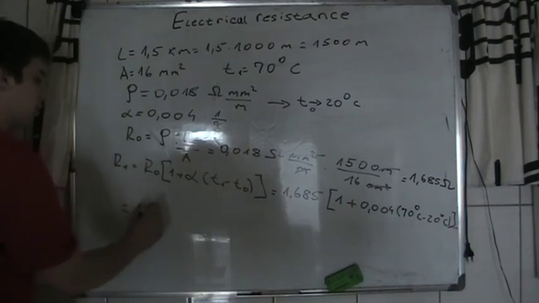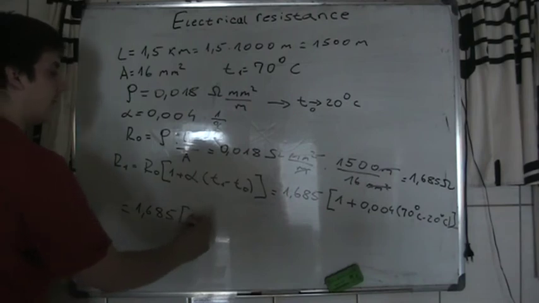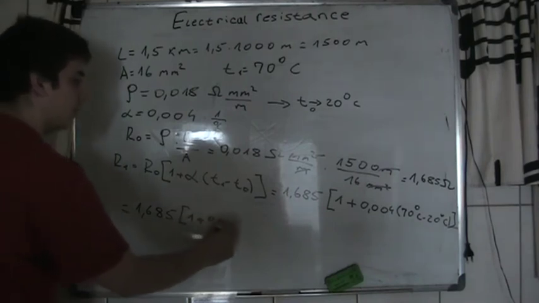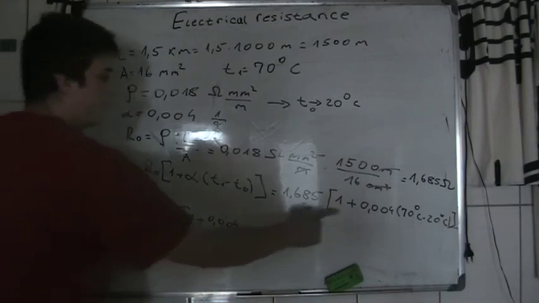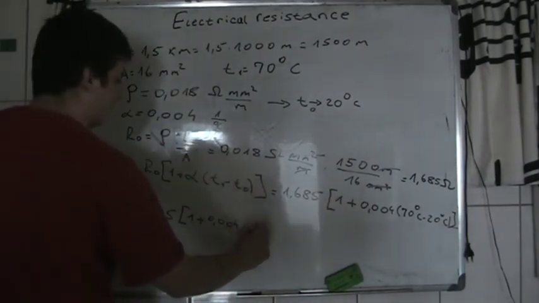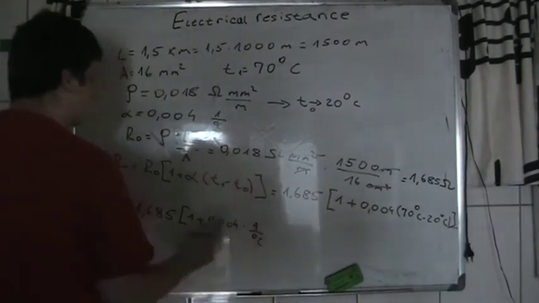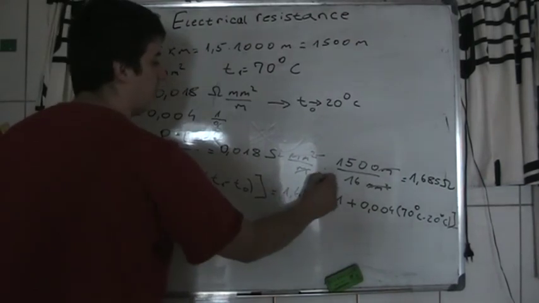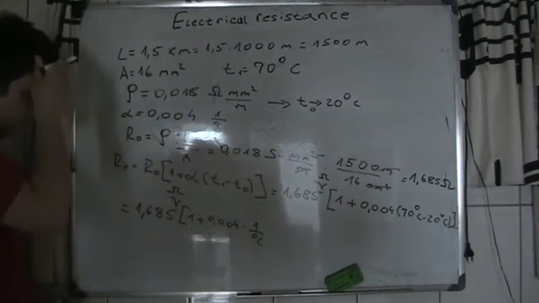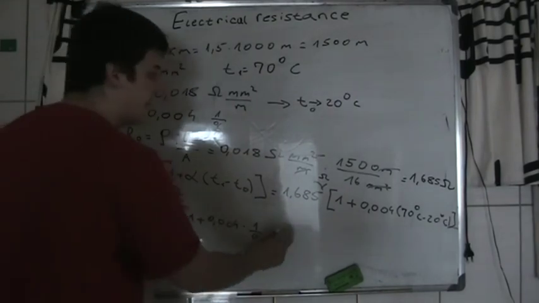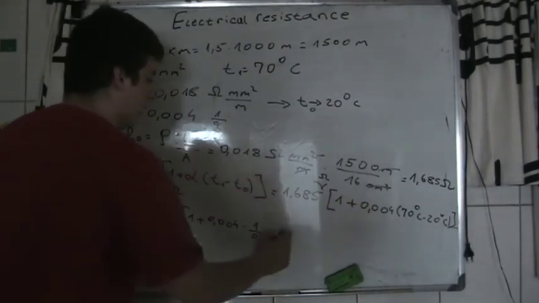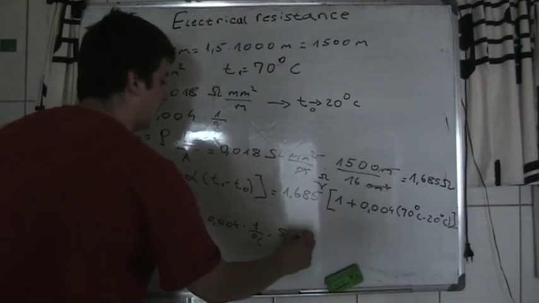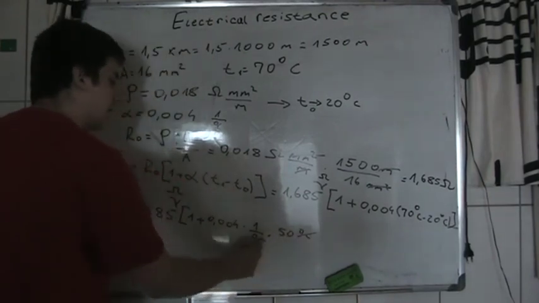We get 1.685 ohms times 1 plus 0.004 1 divided by degrees Celsius. I forgot to put ohms right here. 70 minus 20 is 50 degrees Celsius, and the units cancel each other out.